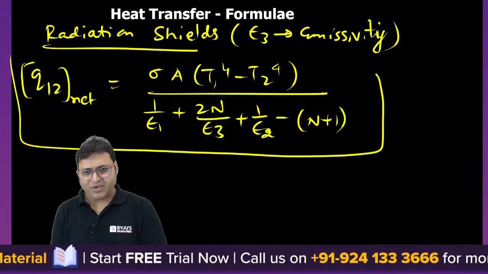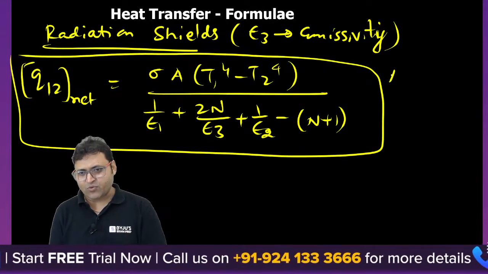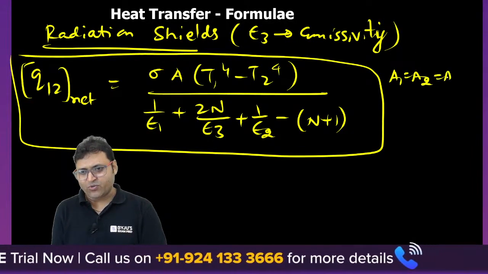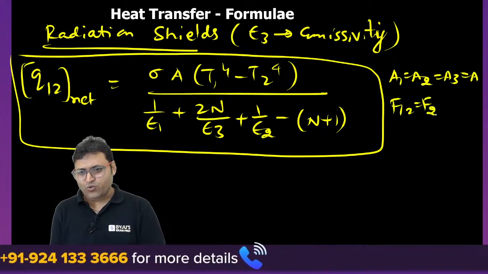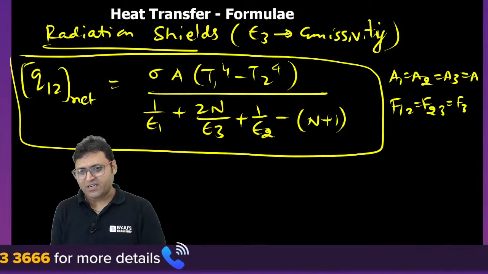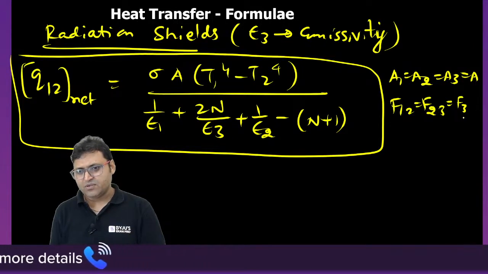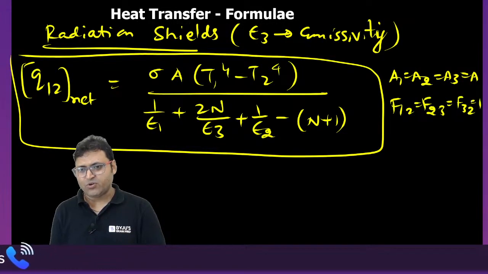This is the expression where A1 is equal to A2 is equal to A3, that is A, or we can say F1-2, F2-3 and F3-2 are equal to 1.